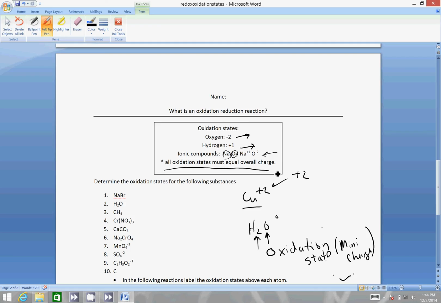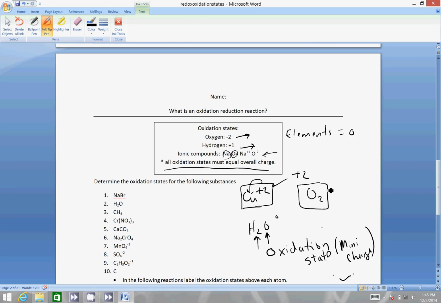A couple of things you might see in other places is where they might say elements equal 0. Well, it depends how you define element. This is just one element, copper. It has a +2 charge. So all the charges have to add up to the overall charge. The overall charge is +2, so the oxidation state of this guy is +2. But if I have oxygen, O2 is the standard state.